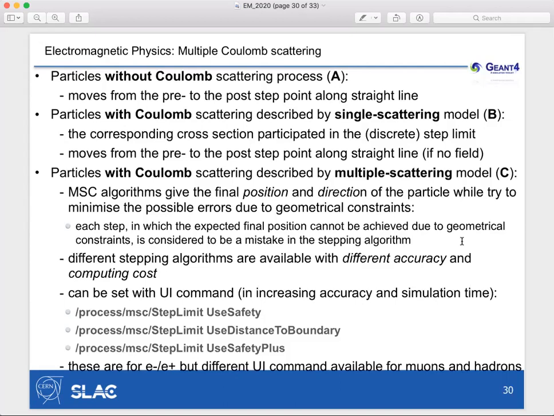So whenever we use multiple Coulomb scattering, unless we use a very strict geometrical limit on each step, we will make some mistakes, and each mistake happens when we cannot reach the required final position.